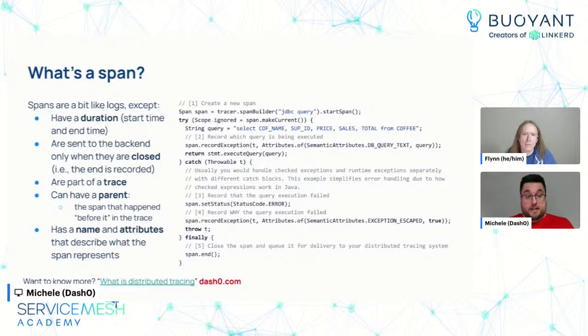Spans have names and have attributes, for example, the metadata of which HTTP method you used, which status code you sent or received, and so on and so forth. If you want to know more about how distributed tracing works, we have a pretty cool article on the Dash0 website, and that will infobomb you the way I'm doing, but in a written form.